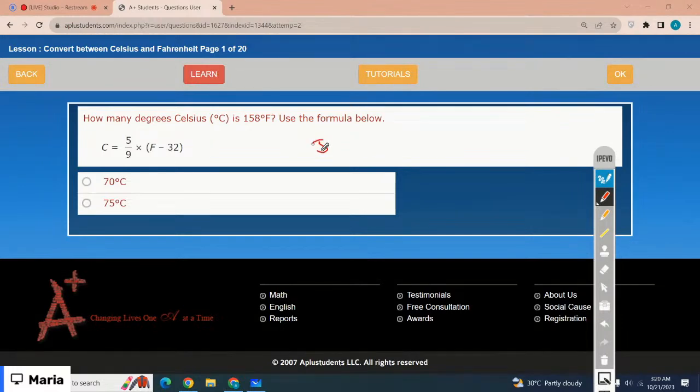So that would be 5 over 9 times 158 minus 32. 158 minus 32 is 126, right? 126 times 5 is 630, and 630 divided by 9 is 70.